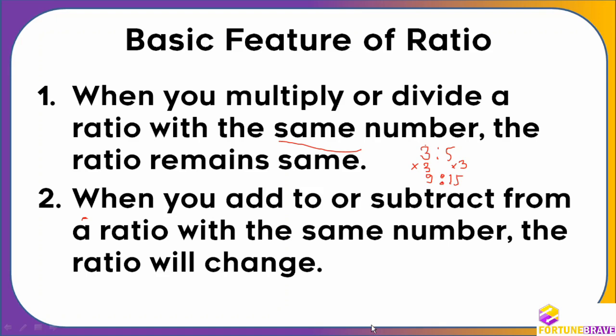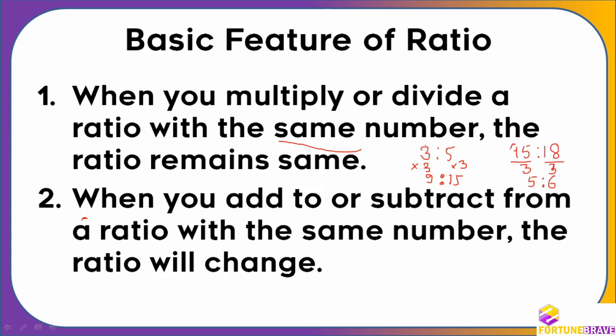So if I divide also, say for example, I'll take one more example. Say 15 is to 18. If I divide this by 3, again 3 is coming, it's fine. Divide both the numbers, both the ratio values, by 3. 3 5s are 15, 3 6s are 18.